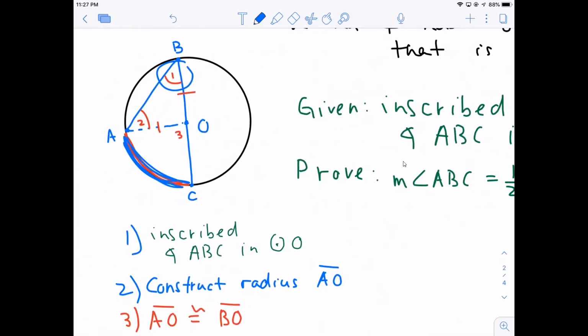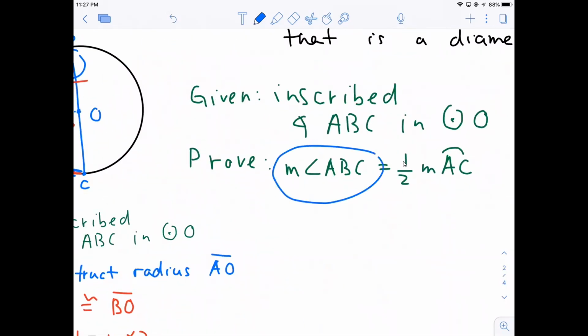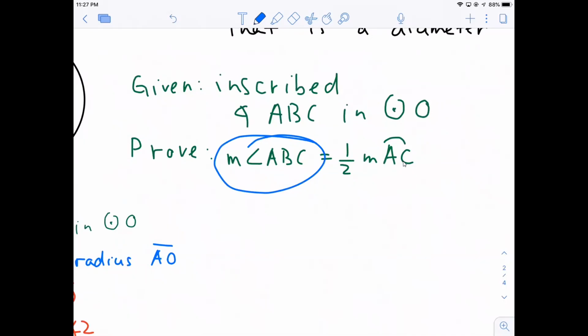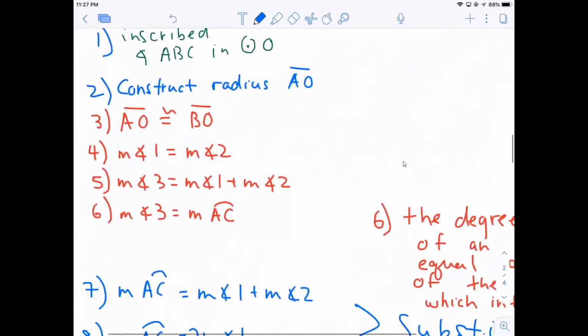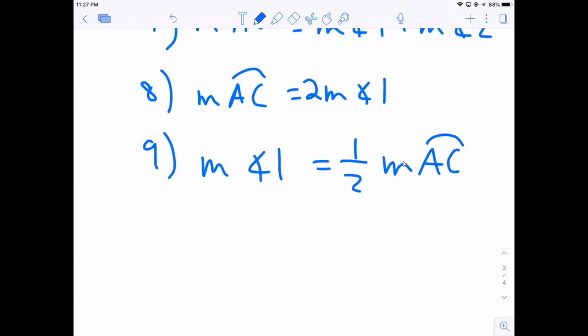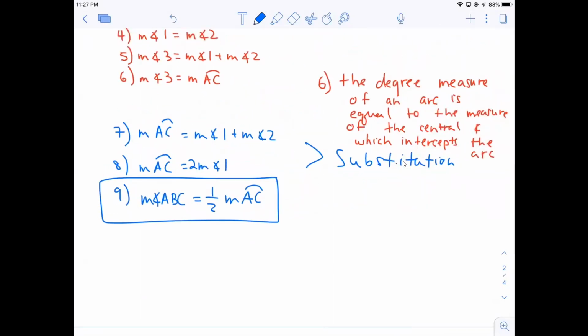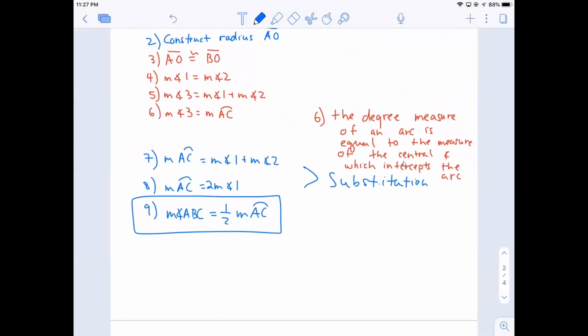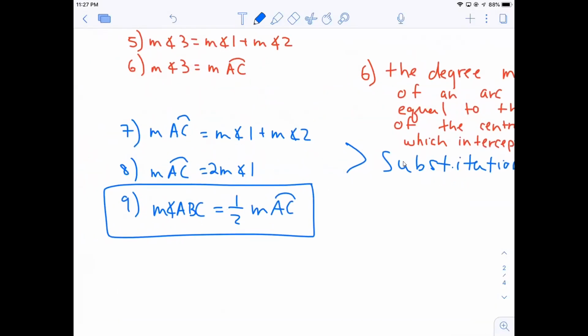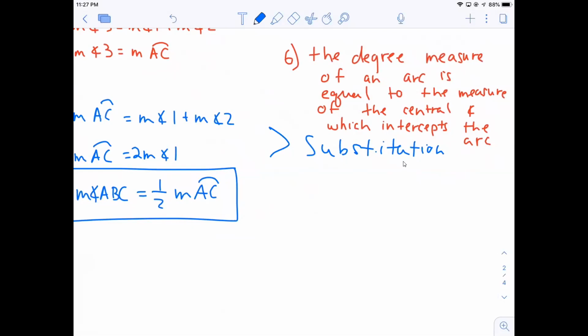Angle 1 was angle ABC, so the measurement of angle 1, or measurement of angle ABC, is half the measure of the arc. So I'm going to replace angle 1 with the measurement of angle ABC, just so it looks exactly like what we were trying to prove from the start. And there we go. The last step, all I did is divide both sides by 2, so that's just division.